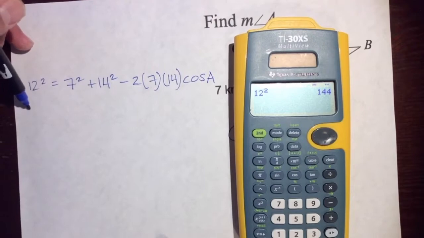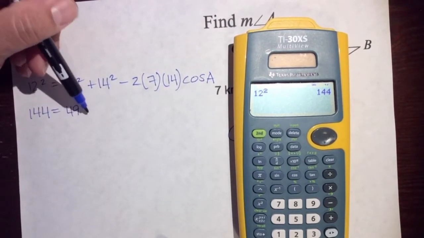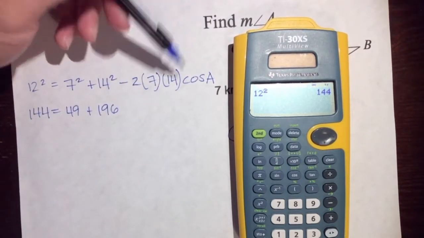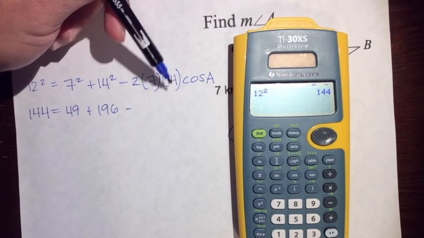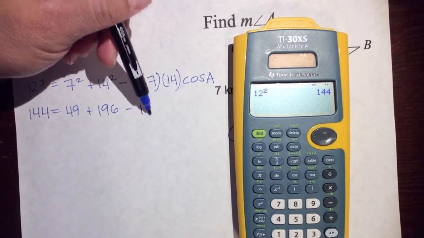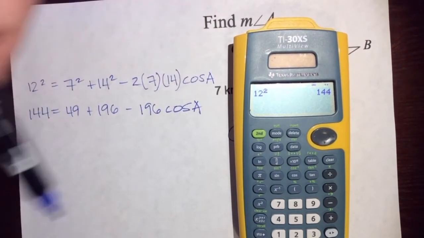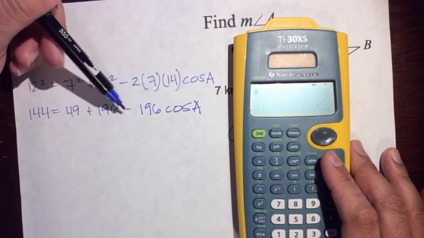So 12 squared is 144 is equal to 49 plus 196. No calculator needed. Minus 2 times 7 is 14 times 14 is 196. Cosine of A. Okay, don't subtract these.